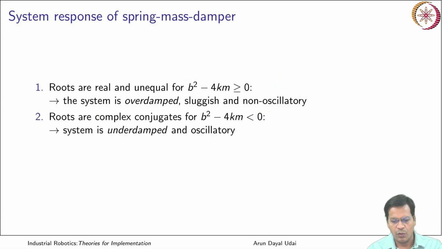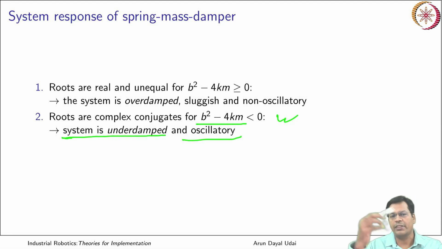Next one is roots are complex conjugates. That can happen only when b square minus 4km is less than 0. Okay, in this case the system is underdamped and oscillatory in nature. The system will oscillate, but because it has some damping, that oscillation will die off a little bit in every next oscillation that it makes.